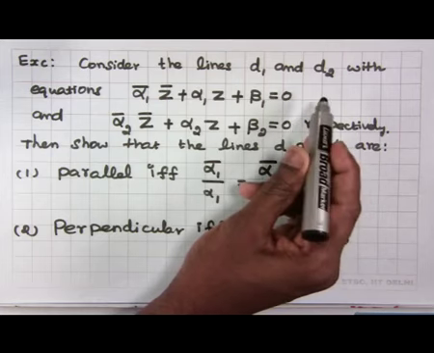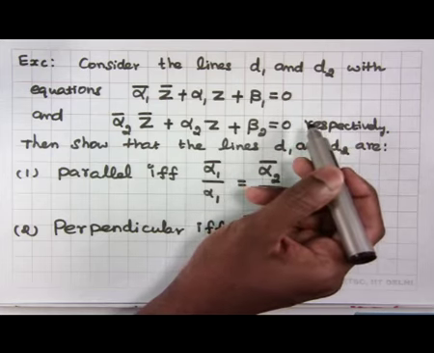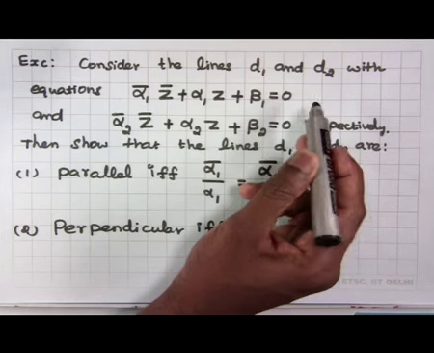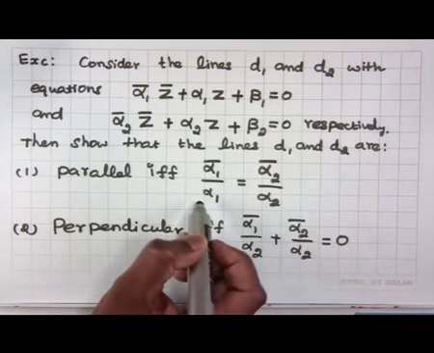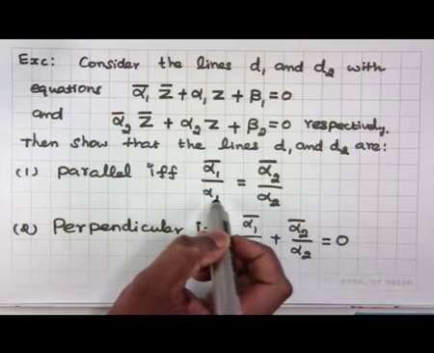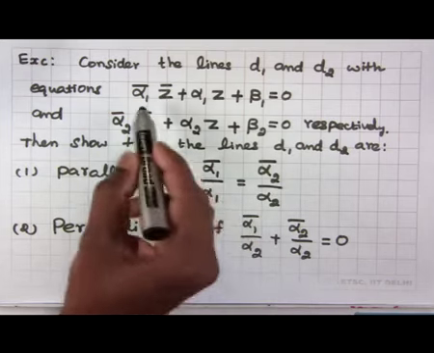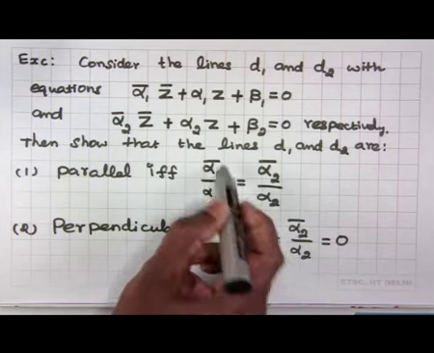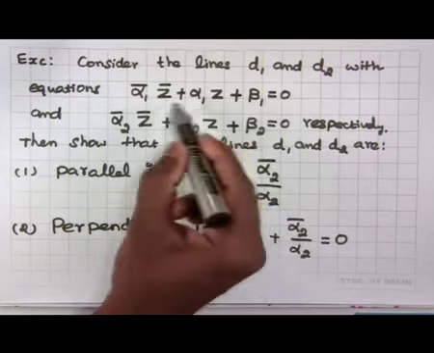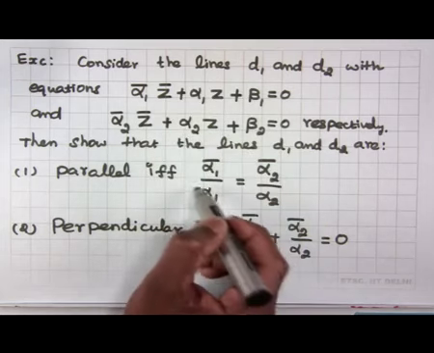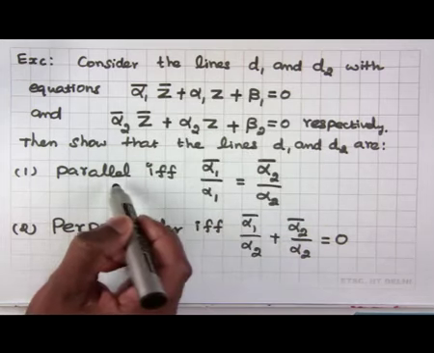If m1 equals m2, then the two lines are parallel. Now, we get something similar: alpha 1 bar by alpha 1. You treat that as some sort of slope in the complex plane. If they are equal, then the lines are parallel.